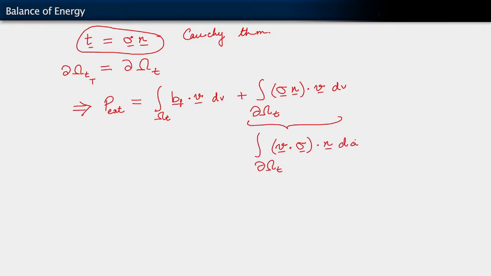I made this a dV, but it should be a dA here. Now, on this form of the surface integral, we can apply the divergence theorem. So the first integral stays the same.